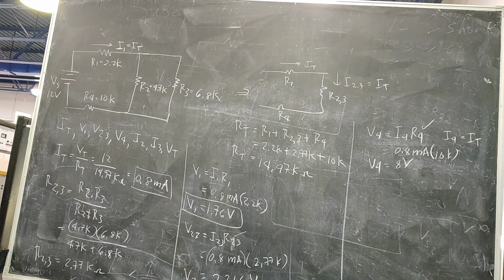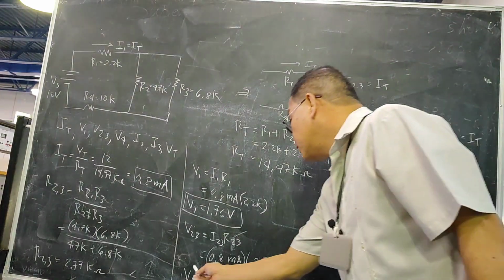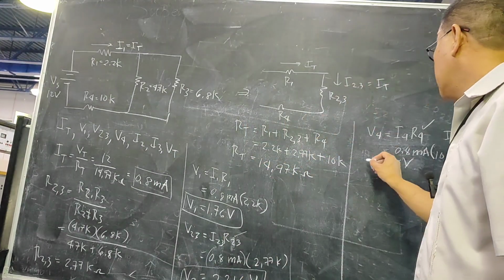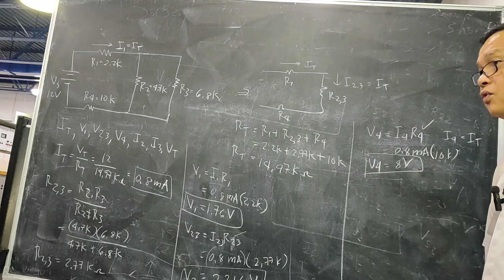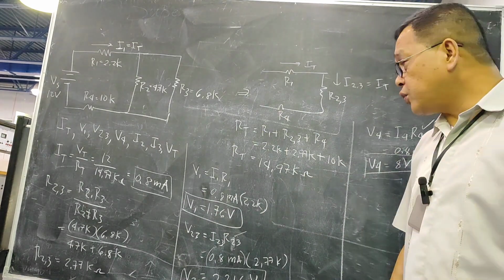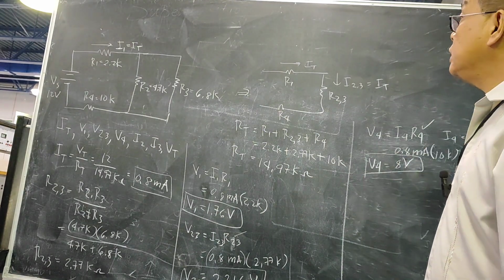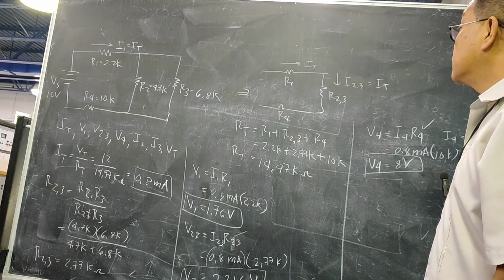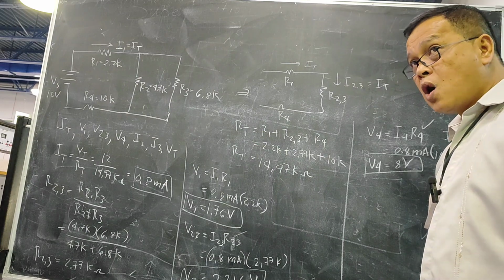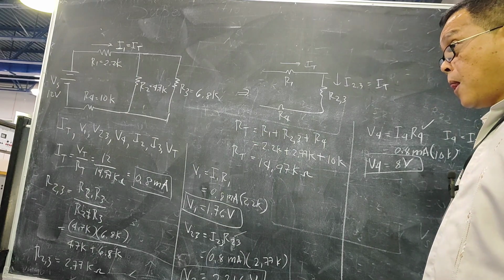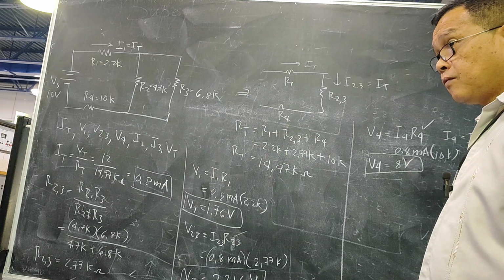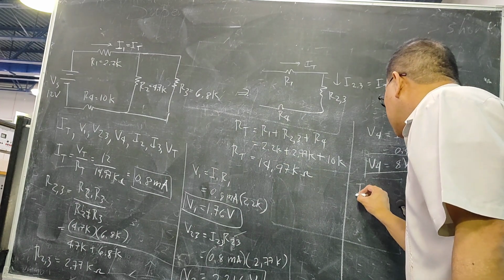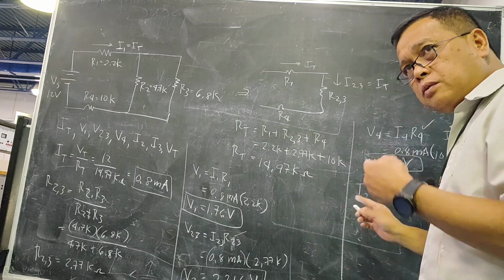Now he asked about I2. What's I2? How can we get I2 from Ohm's law? Easy. Let's put the formula first.